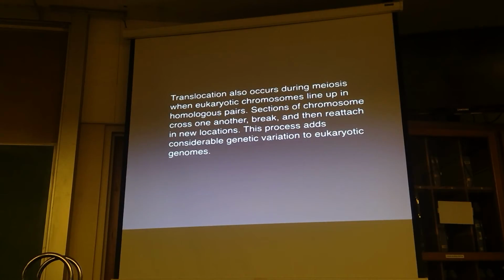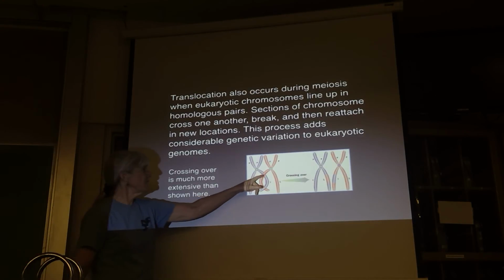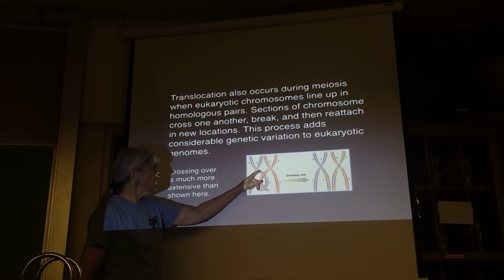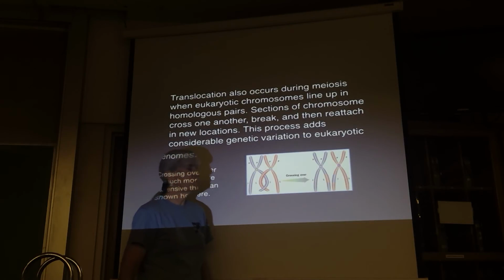The other place translocation occurs is during meiosis, when chromosomes line up in homologous pairs and they cross. The crossing over that happens. Typically you'll see this diagrammed as a rather simple type of crossing over. Here we see a purple chromosome and an orange chromosome down at the bottom, and you're seeing just this bottom section crossing, so that the purple chromosome picks up an orange segment and the orange chromosome picks up a purple segment.